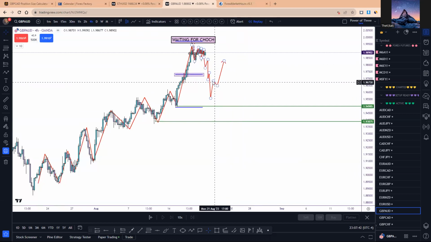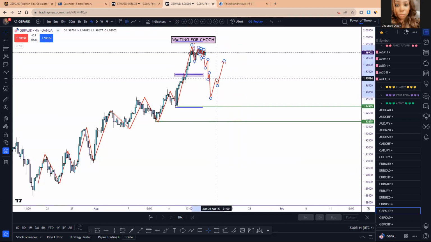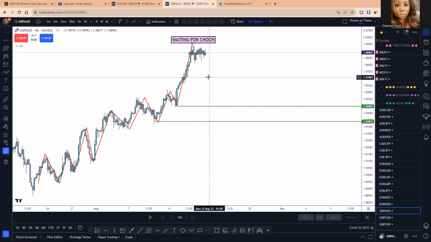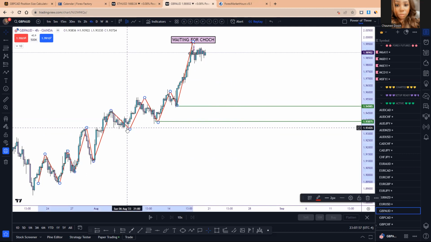All right, let me try to do it one more time. Any other questions before I do another chart markup? Anybody have any questions on what y'all saw on this chart?